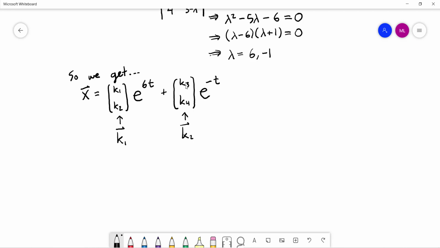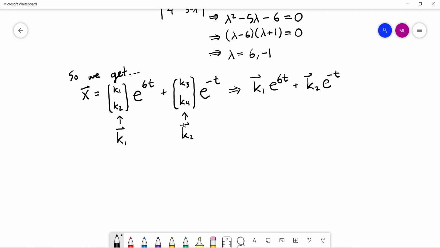K3 is just some entry in a vector. K4 is just the other entry in that vector. They're both just constants. Let's call this whole thing just some constant vector. This is typically the notation that gets used to make things a little bit easier. So we would just write this as k1 vector times e to the 6t plus k2 vector times e to the negative t.